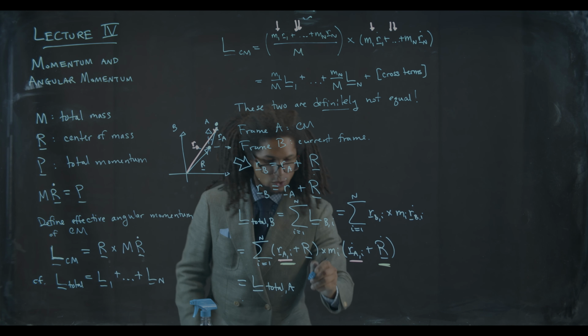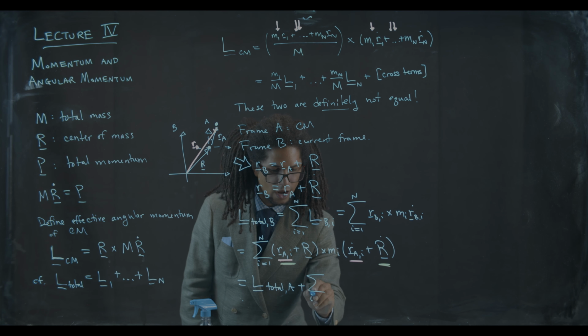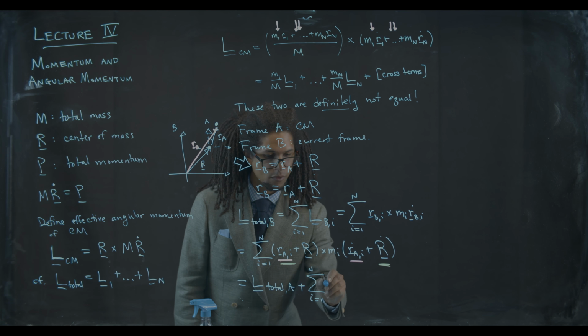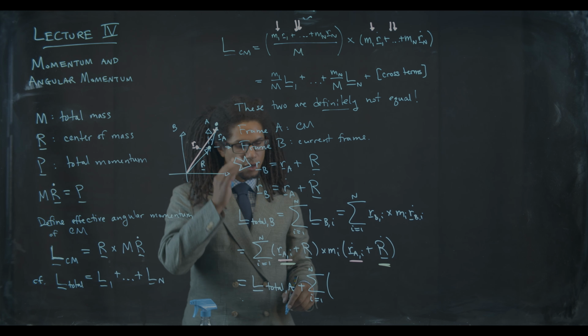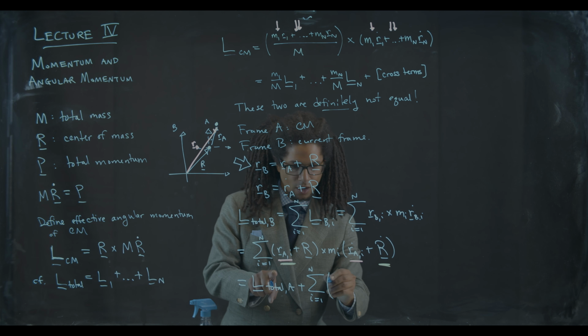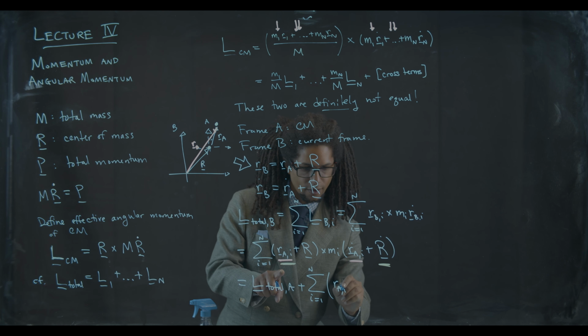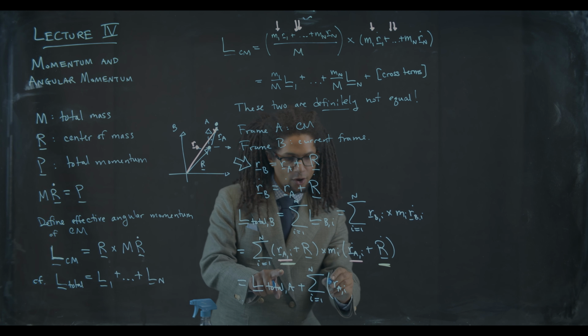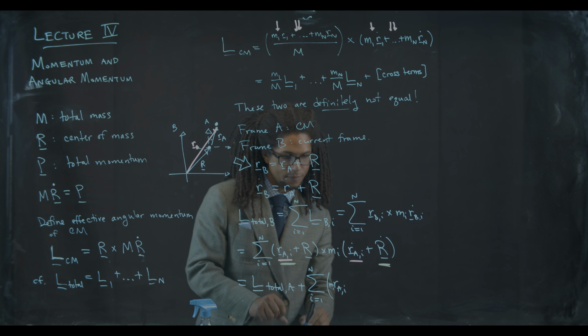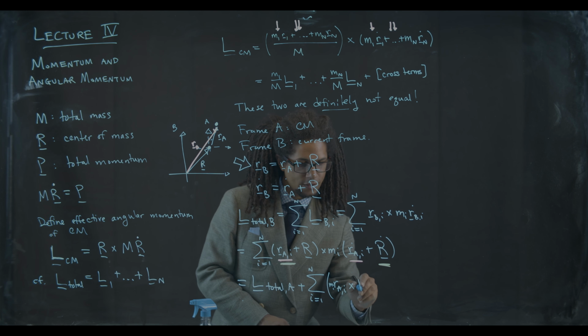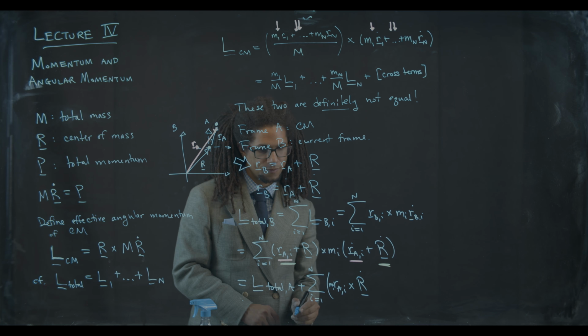So let's do that. So we get plus the sum over i. Actually, all the rest of the terms will depend on that sum, so let's keep the sum in here. So we're going to get R_A,i. I'm actually going to move the m_i over here and then cross R dot.